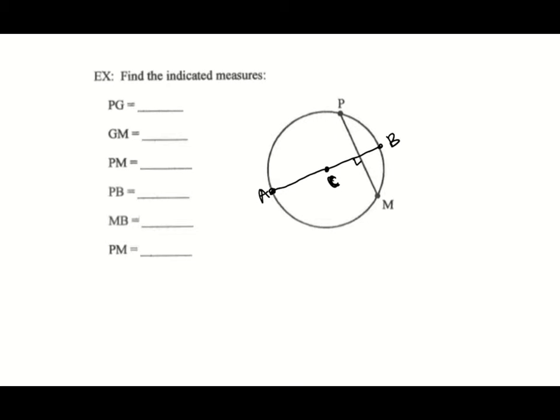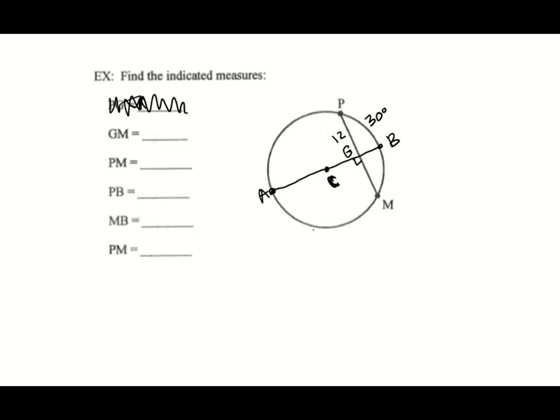Call this point G. We know it is perpendicular. This segment is 12, and this arc is 30 degrees. And we're actually just going to scribble this top one off, we already know. Sorry, this isn't Q, it's G. Okay, so this is what we're looking for.